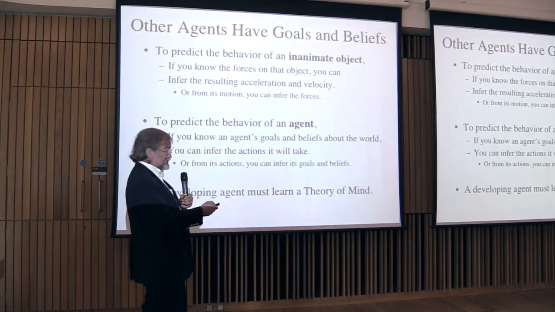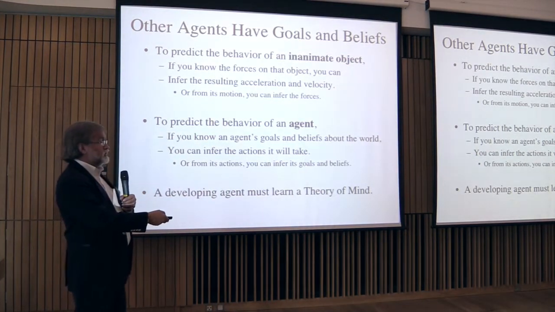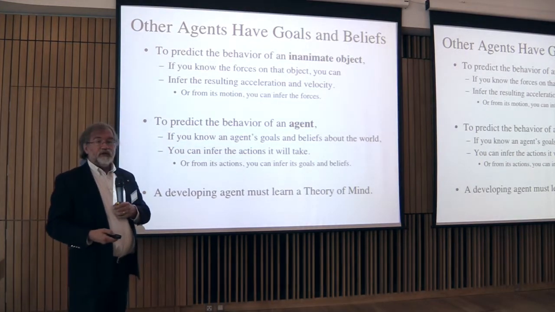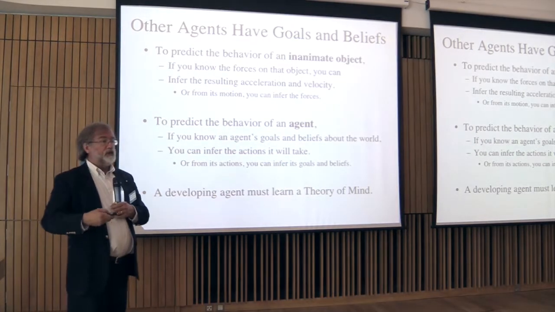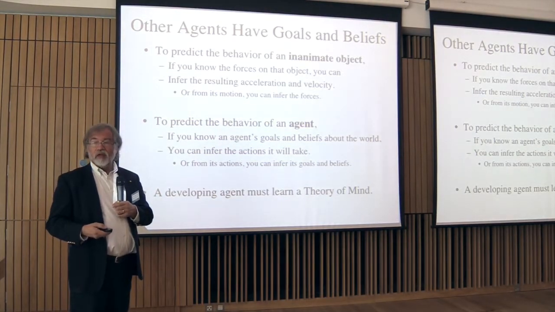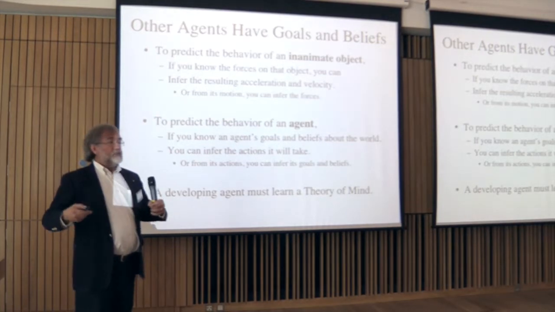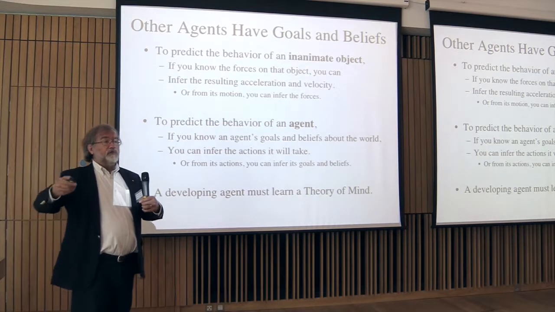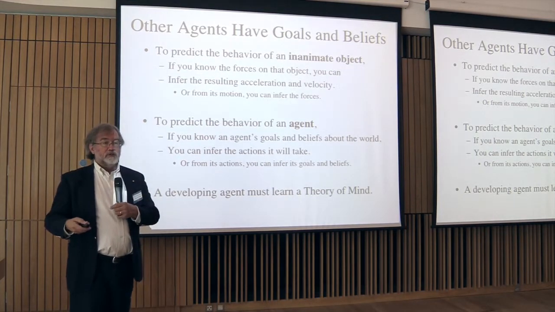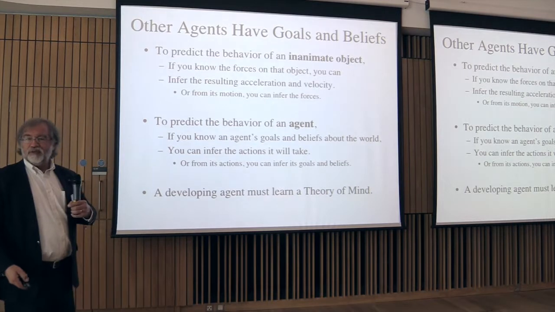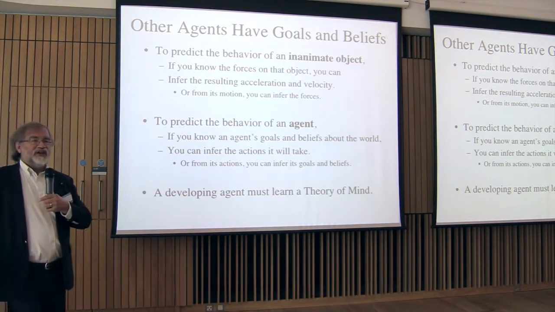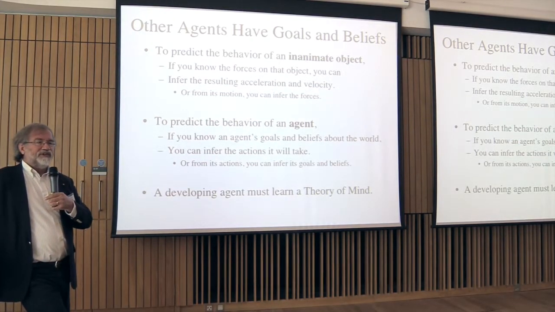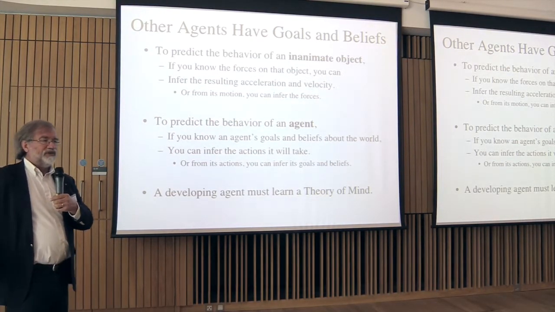This is generally called the theory of mind, and there's a substantial and very interesting literature about the developing child's theory of mind. Part of just dealing with the world is developing a theory of mind for other agents. We spent some time reading and speculating about that, but we haven't done any implementation work.